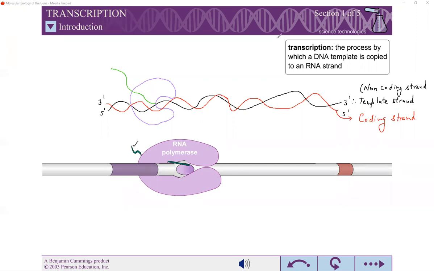Now, supposing this DNA molecule has several different types of genes. The first gene is present here, another gene is present here.